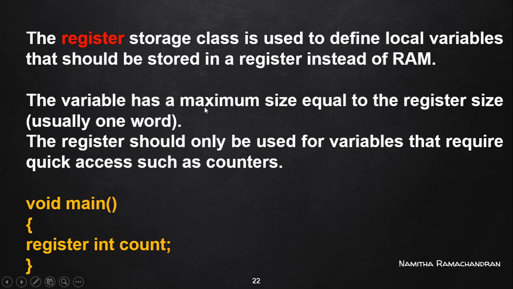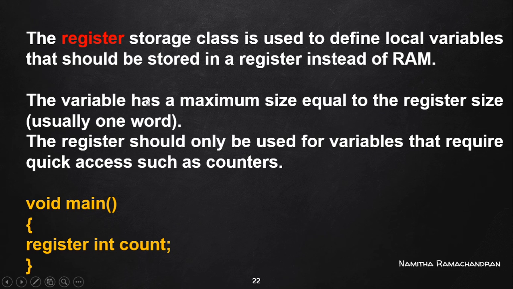The variable has to be at most equal to the register size of our processor, that is usually a single word of the processor, a single memory word size equivalent.